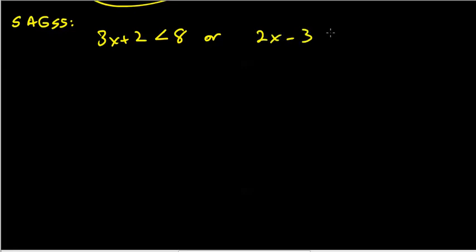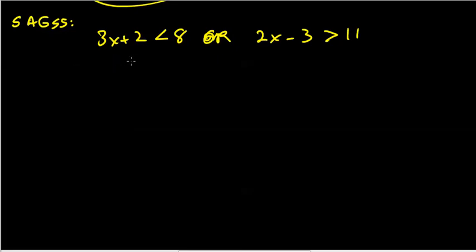Let's try another one. And this is on your homework list. Again, solve and graph the solution set. I'll do 3x plus 2 is less than 8, or 2x minus 3 is greater than 11. Similarly, I want to solve each branch independently and then connect them together with this explicit or statement.